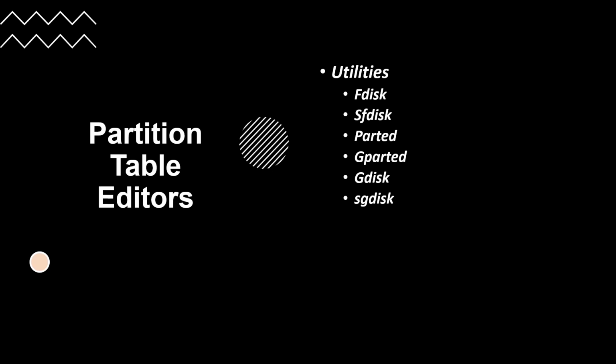Parted. Parted is a GNU partition manipulation program. It can create, remove, resize, and move partitions, including certain file systems. The GUI interface to the parted command is gparted. Gparted is a widely used graphical interface to parted. Gdisk. Gdisk is used for GPT systems, but can also operate on MBR systems.